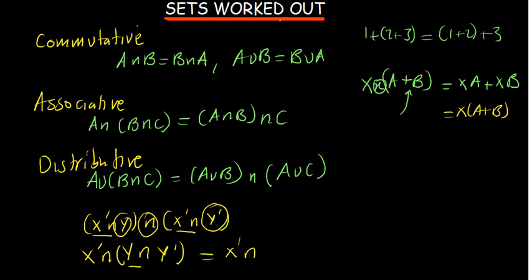So what is Y intersection Y complement? Who can respond to that? Isaac, Richard. What's Y intersection Y complement? An empty set. Yes, that's an empty set. And then what is X complement intersection empty set?